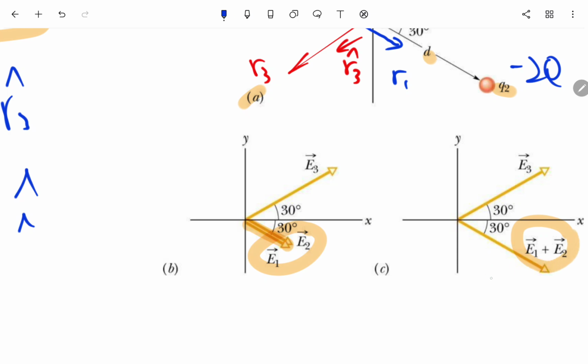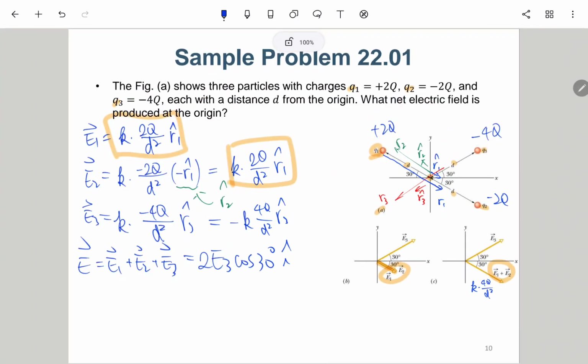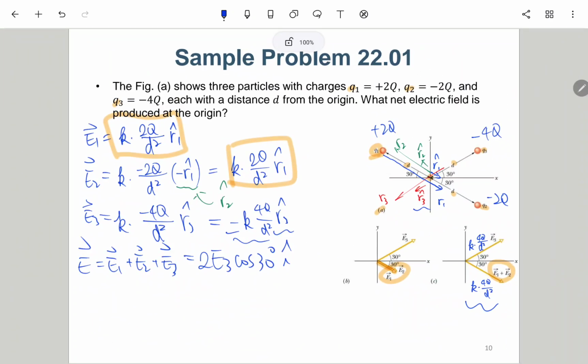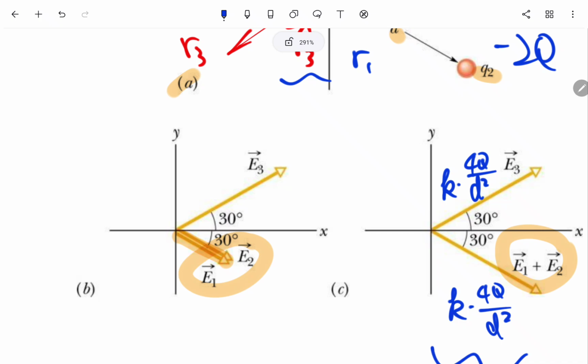The total magnitude will be K times 4Q over d squared. And for E3, this one and this one should have the same magnitude. We have a negative R3 hat, and R3 hat is pointing to the bottom left, so negative R3 hat is pointing to the top right, with the same magnitude. So E1 plus E2 is this one, and E3 is this one.